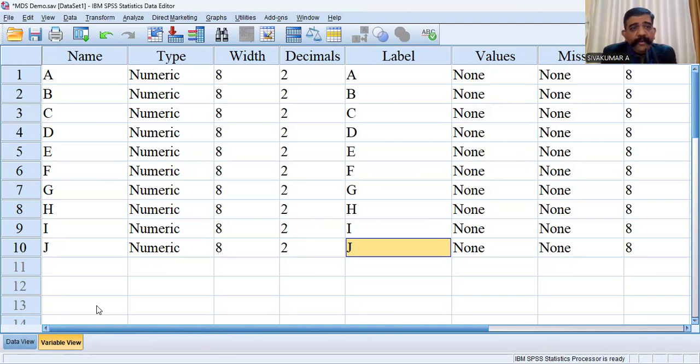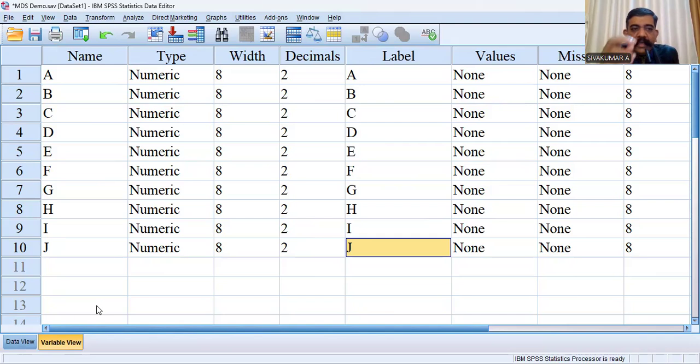Here, we have to identify the similarities and dissimilarities among those objects. That is the objective of multi-dimensional scaling. It may be two-dimensional or three-dimensional. At last, we should get A, B, C are similar with respect to one dimension.